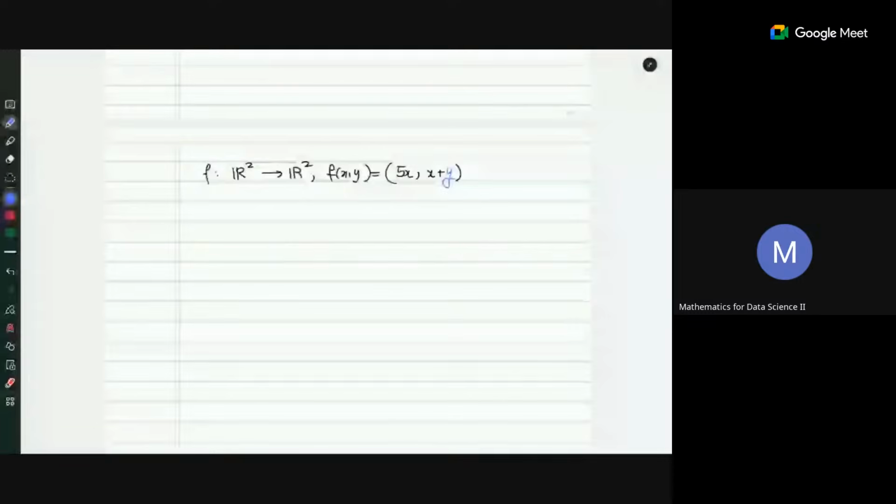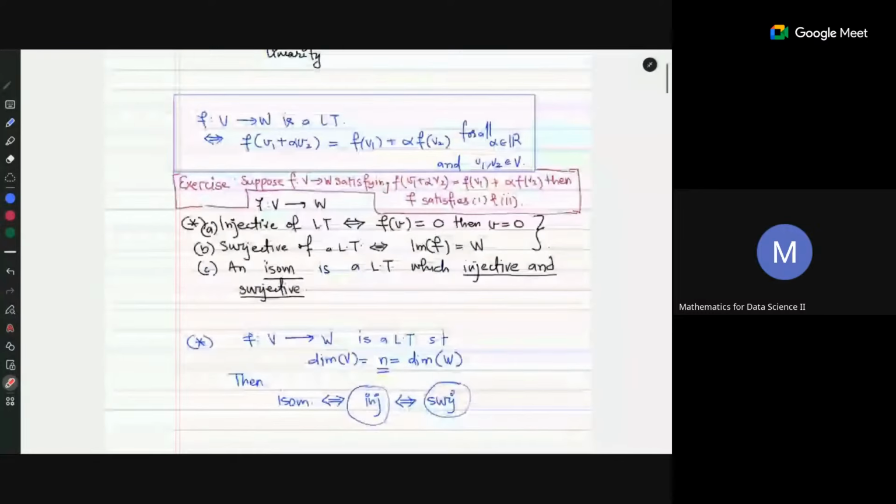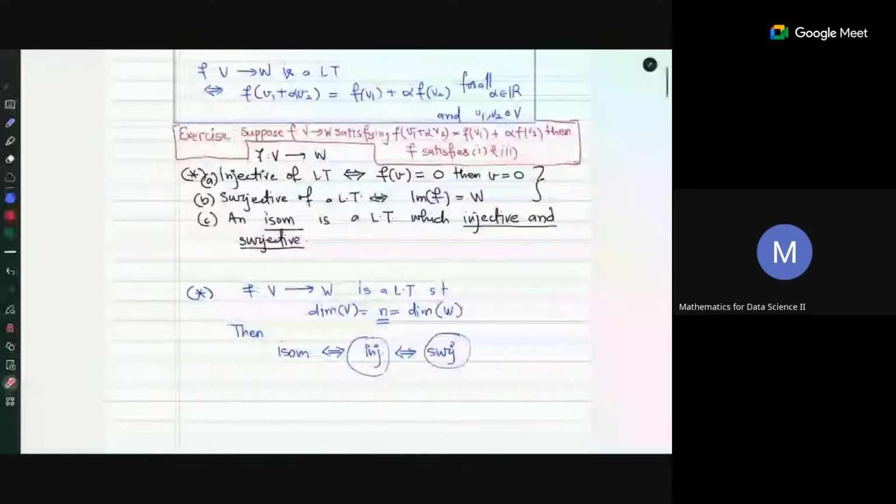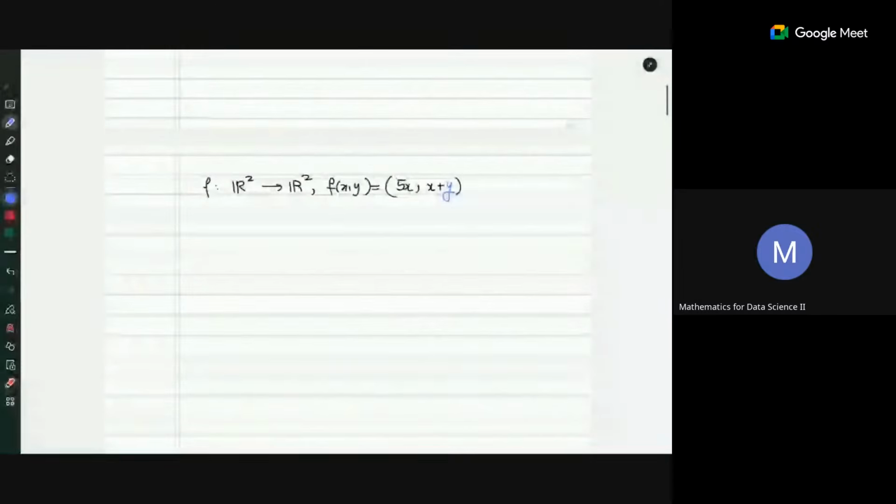Is the question clear to all of you? Yes, sir. So you need to check whether this function is a linear map or not. How do we check linearity? You need to verify the two conditions. Has anyone verified whether it's a linear map or not? We need to check the linearity condition.